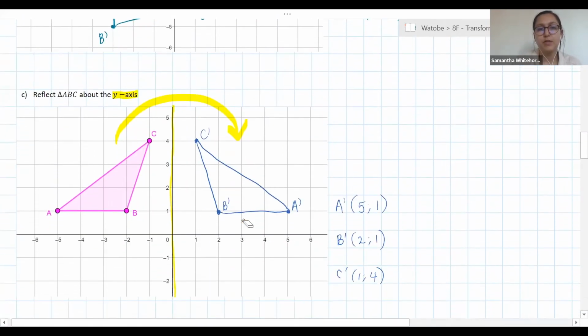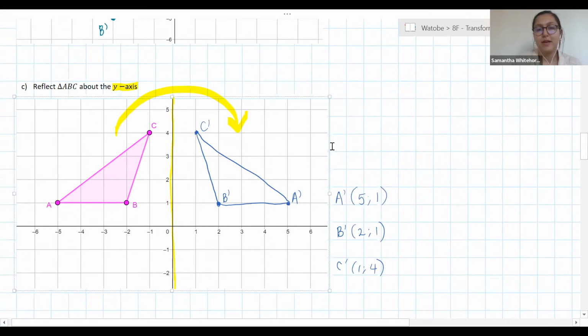So guys, what's quite important to notice is that when we are doing this reflection, we can see that something's happening to these coordinates as we change. Now, you don't have to stress too much about the rules, but later on in grade 10, grade 11, when we start to apply these sort of concepts to different sections, understanding this change is quite important.